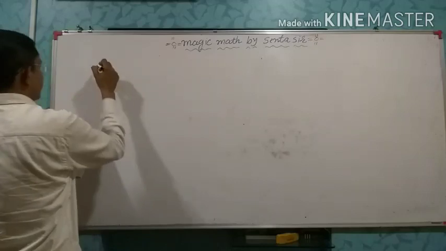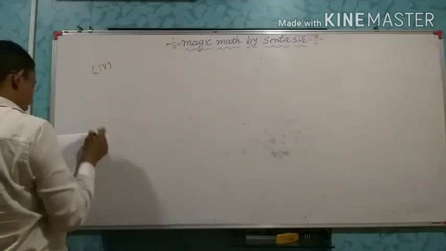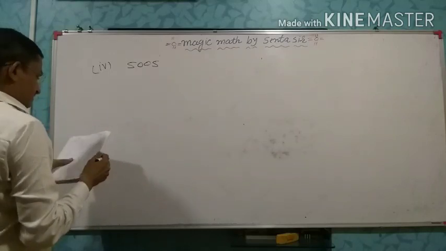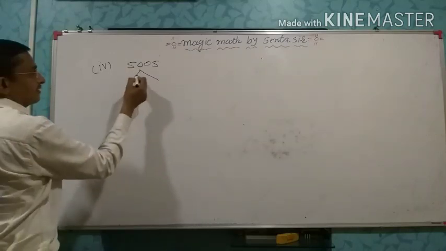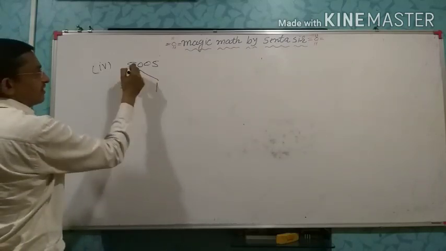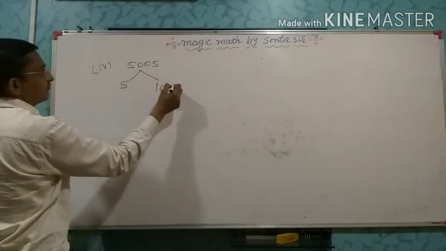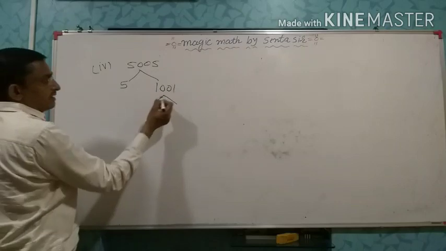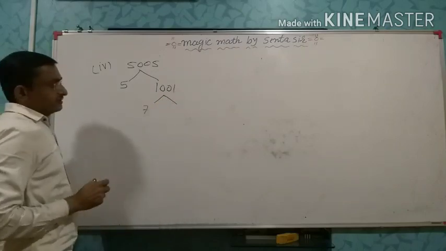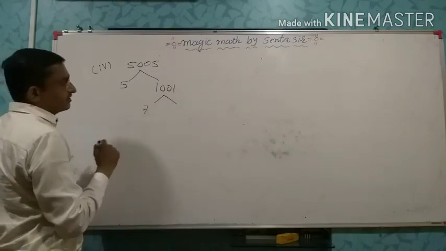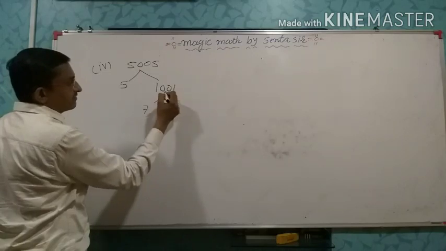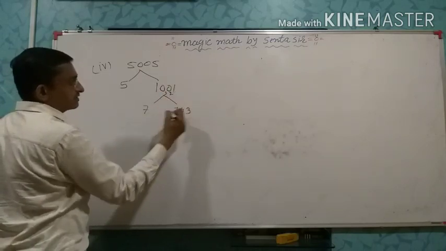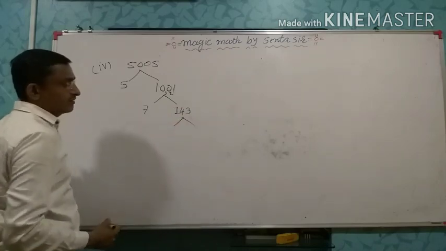Now we see example number 4, 5005. 5 ones are 5, 0, 0, 5 ones are 5. Now we take the factor 7. 7 ones are 7, 7 fours are 28, 7 threes are 21.